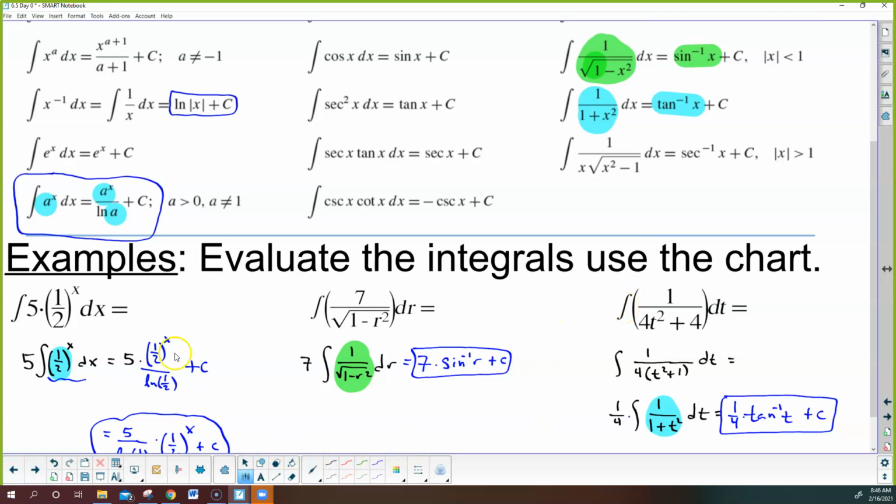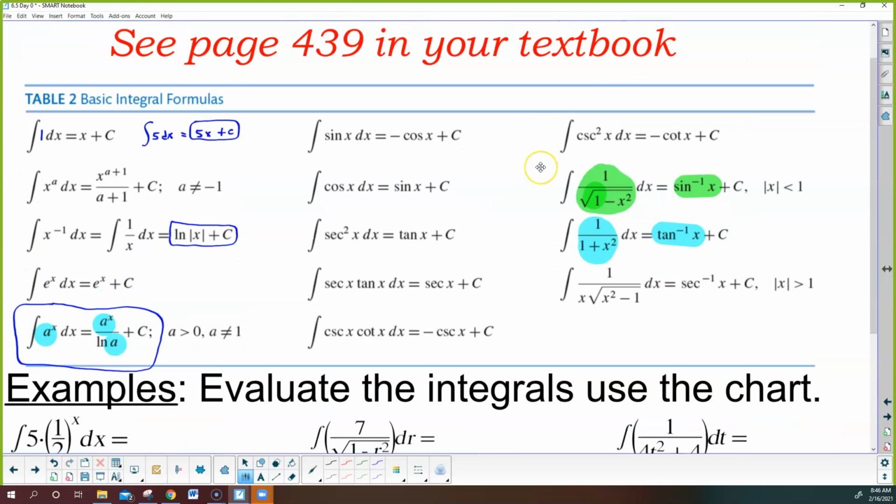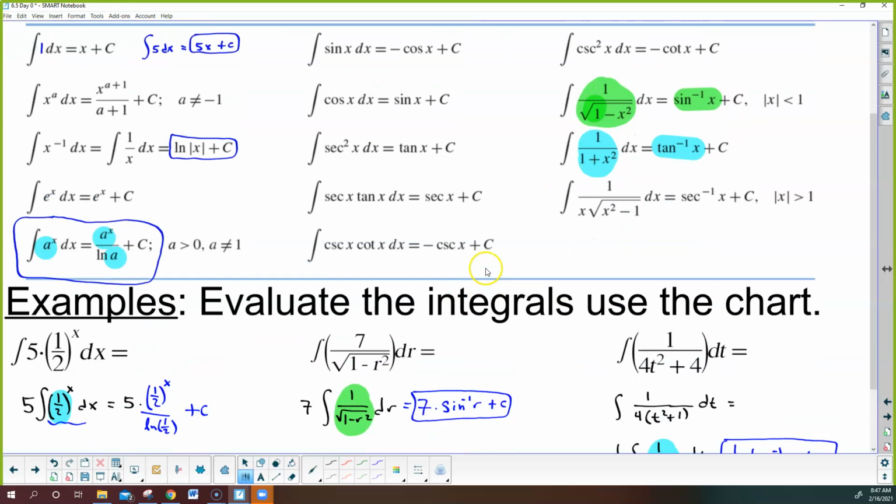Now, hopefully, none of this is brand new. It's more of some trickier ones using this table on page 439. Okay, so if you have time, I would either put a little post-it note in your textbook so you can always refer to this, or do a screenshot, maybe even print this out if possible.